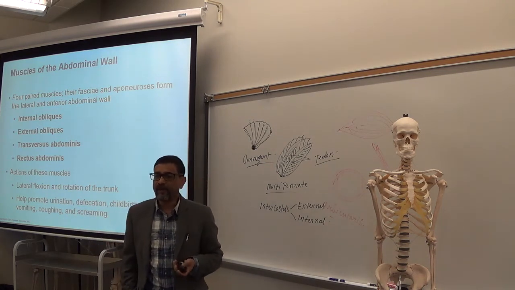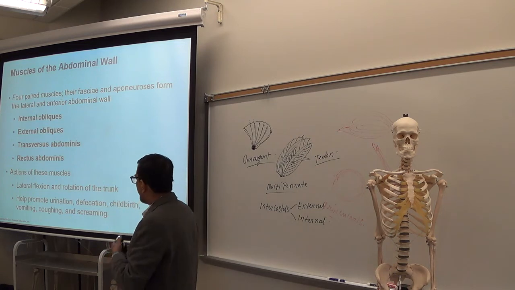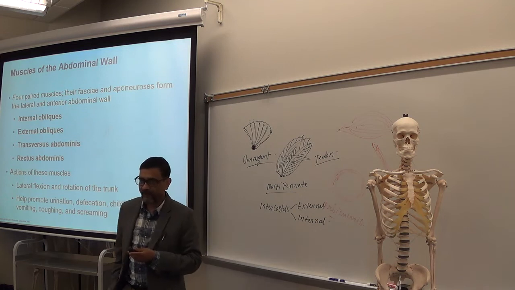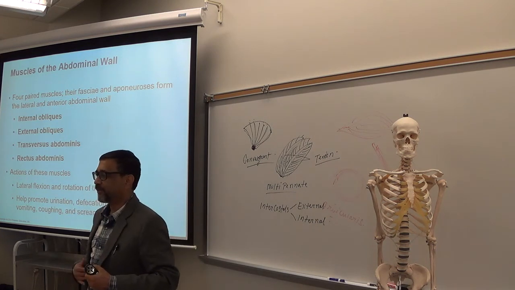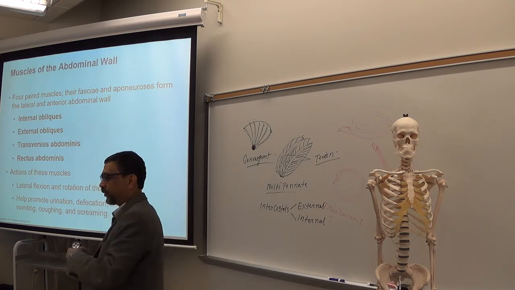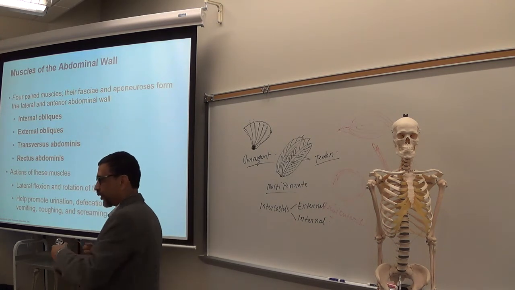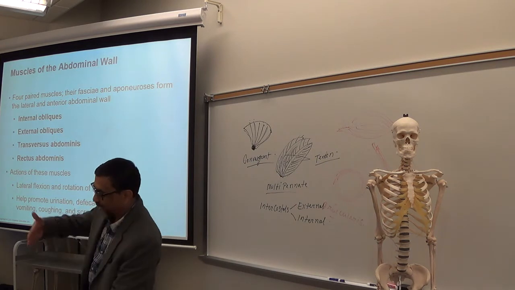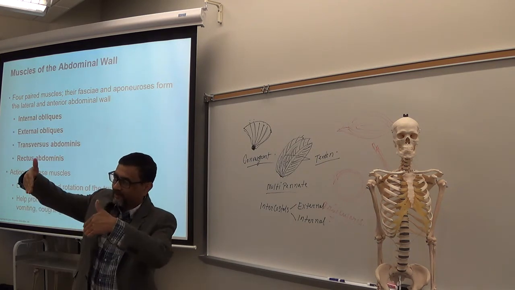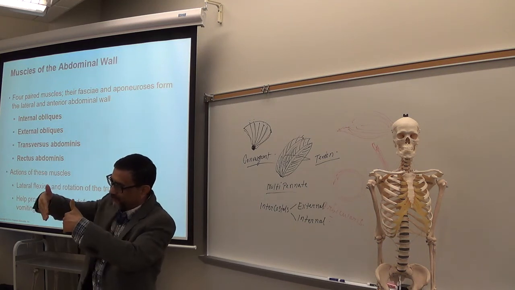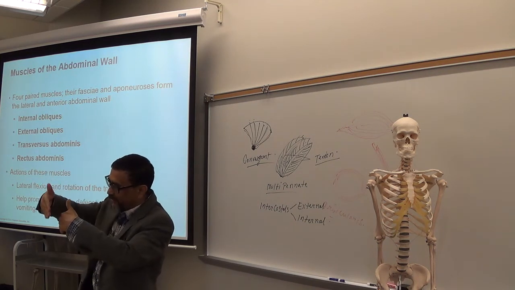Now, abdominal muscles help in the movement of the trunk. You know, if I want to move the trunk of my body, these muscles help. These muscles are going in different directions. So when the muscles work, they move in the direction of their fibers.